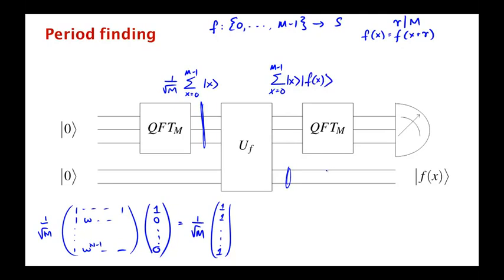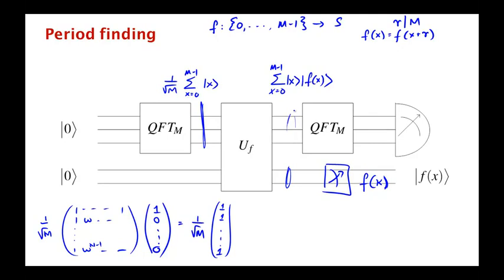But now if we out here do a measurement and measure what f of x is, we'll get some outcome. And let's say that the outcome is f of k for some value k. So now we can ask, what's the new state of this register here?